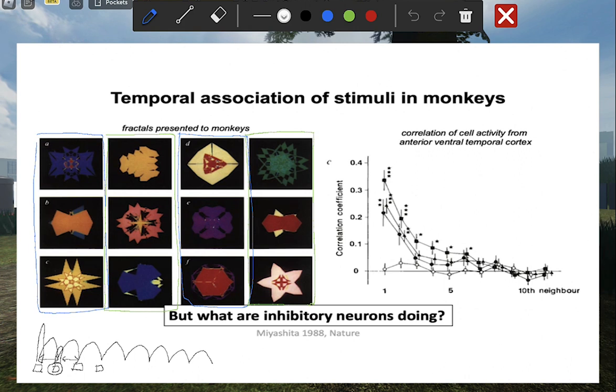So on the x-axis, you've got the distance away and the number of hops between the fractals, and on the y-axis, you've got some correlation coefficient, which is basically how similar is the activity when it's some number of hops away compared to its maximum activity. I won't go through all these different lines, but these open circles are a control, so that's why they don't have this.